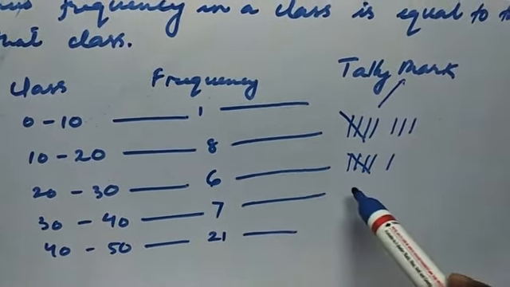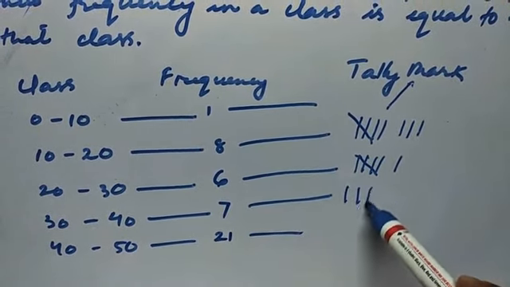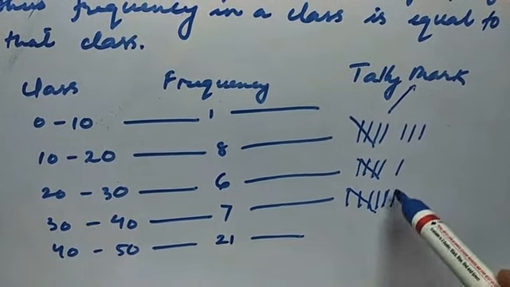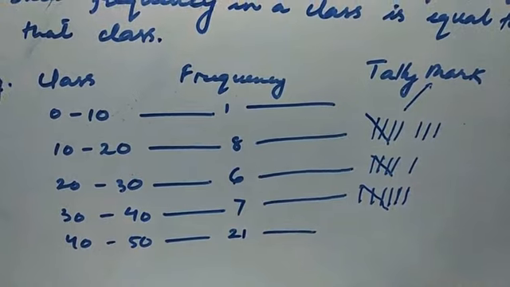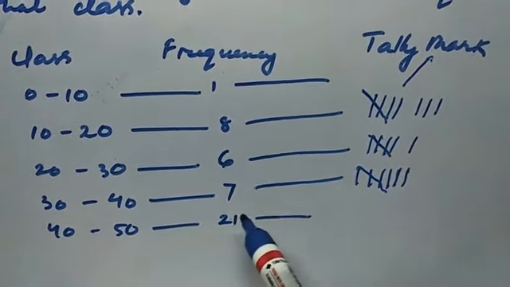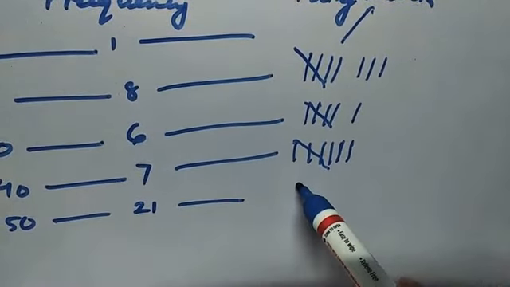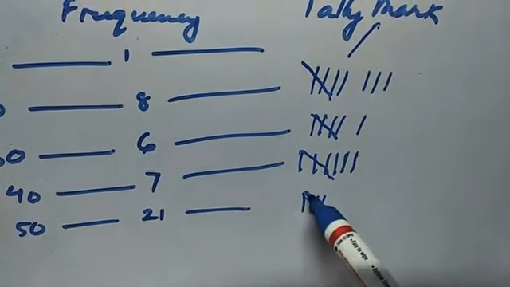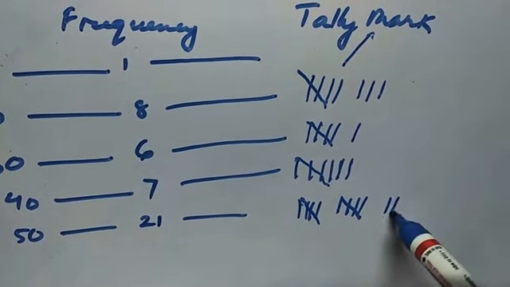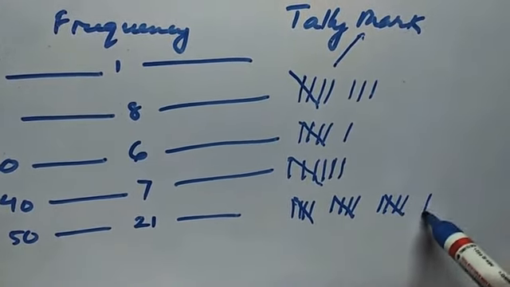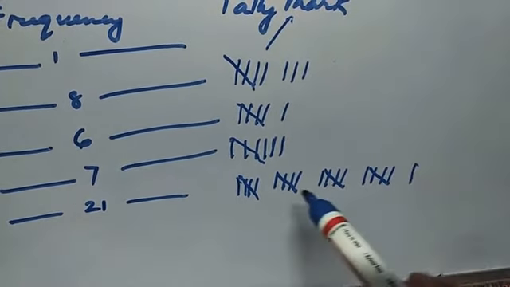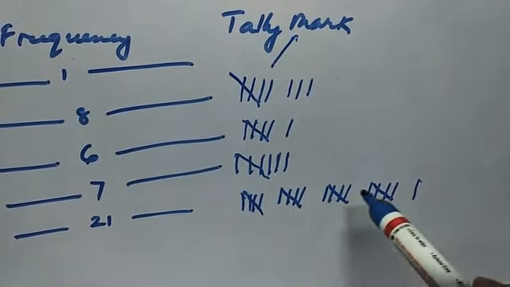Next is 7: 1, 2, 3, 4, 5, 6, 7. The next is 40 to 50. We have a frequency of 20. So how do we do it? 1, 2, 3, 4, 5, and again in groups of 5. So 5, 10, 15, 20, 21.